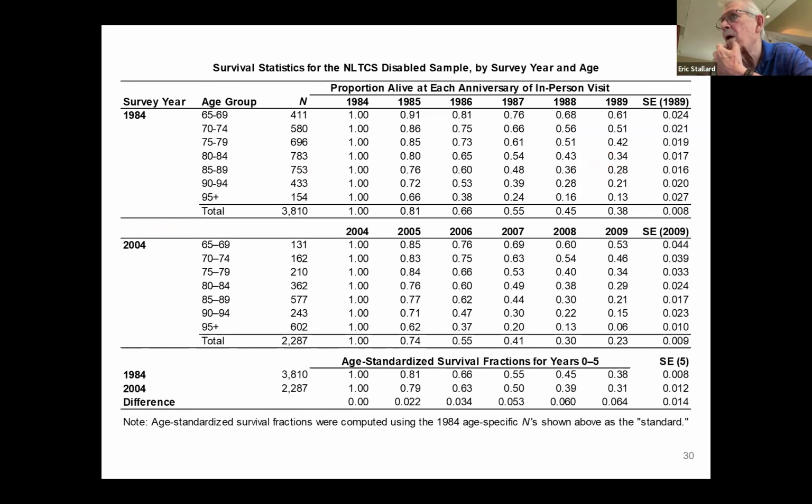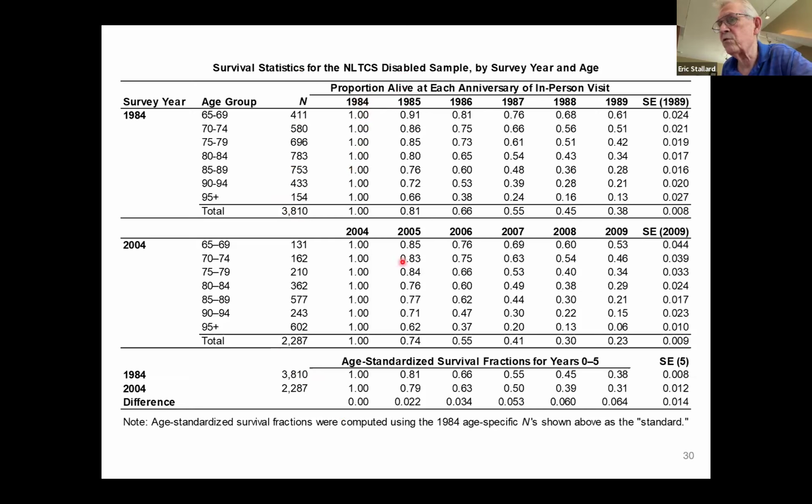The decline in years spent disabled could be explained as a combination of reduced incidence or a change in survival after incidence. So in this figure, we addressed what happens to the disabled population once we detect them at a survey.